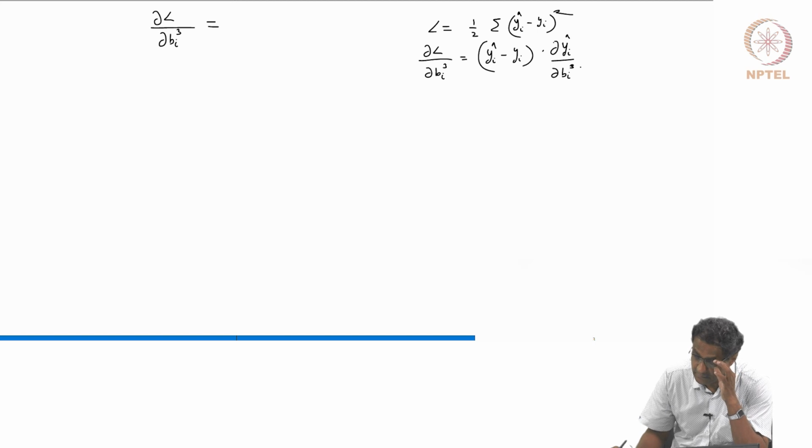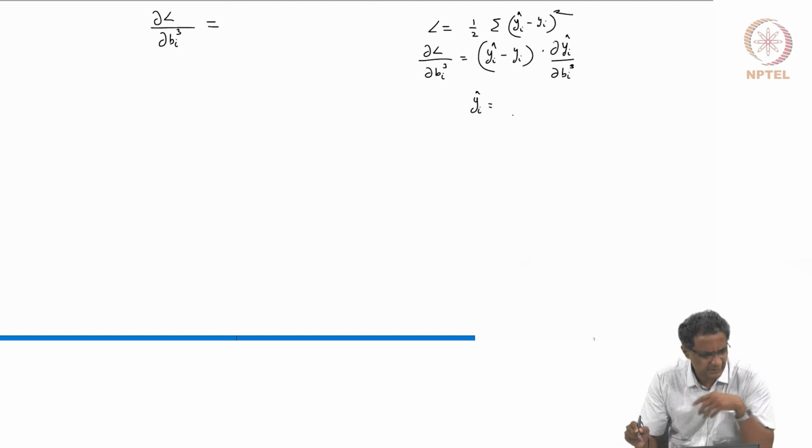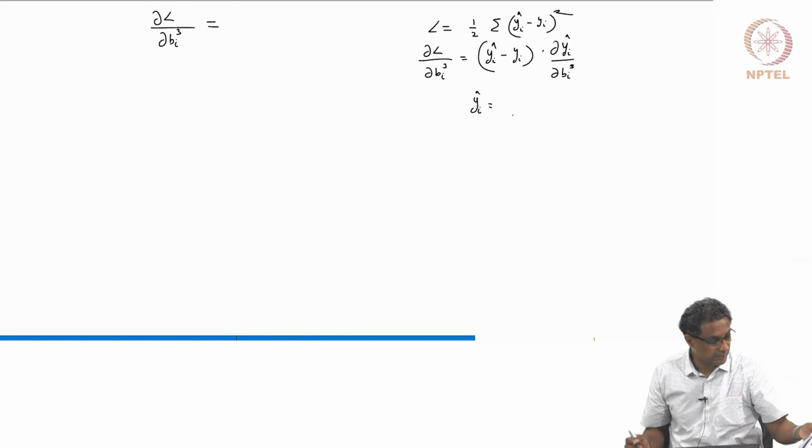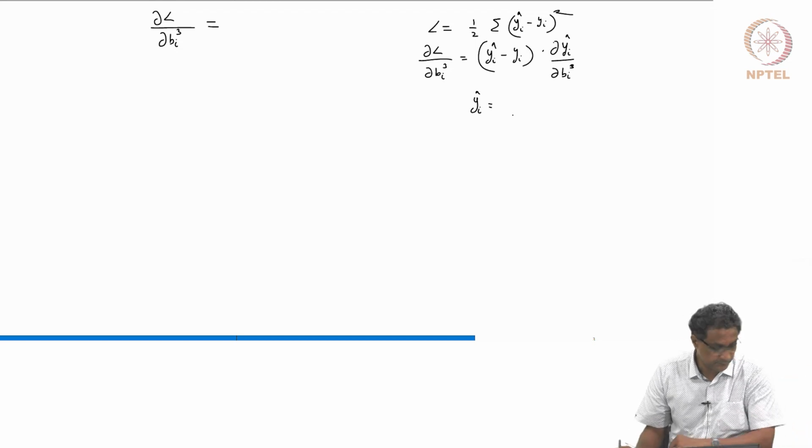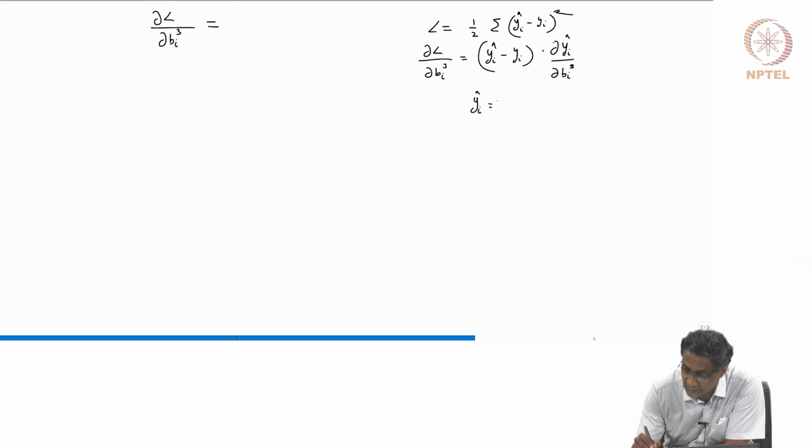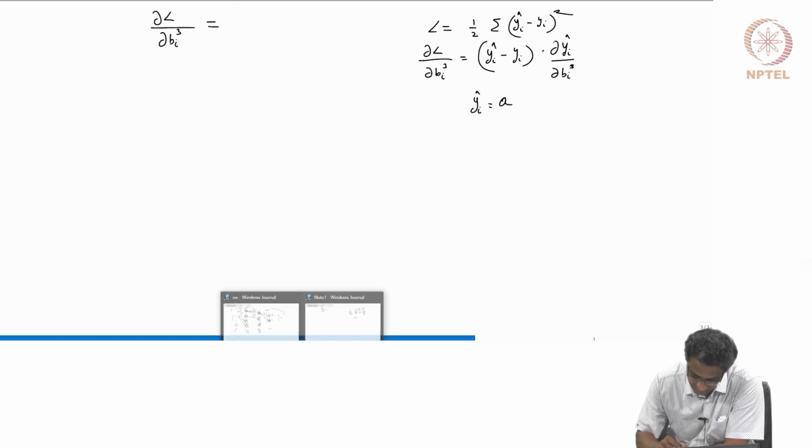And yi hat is nothing but, there is, I think, a simpler form. Sometimes people get away with a simple form, but let's see. So yi hat is what? Just go back to that figure.